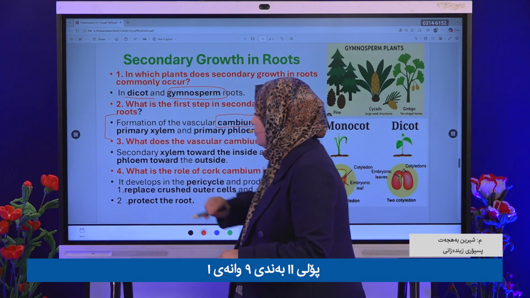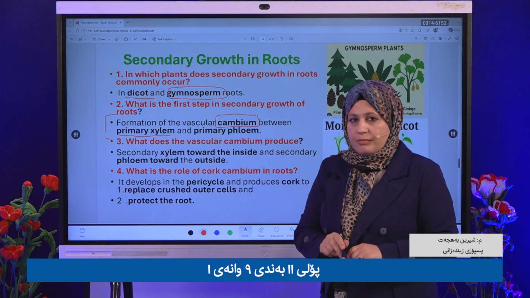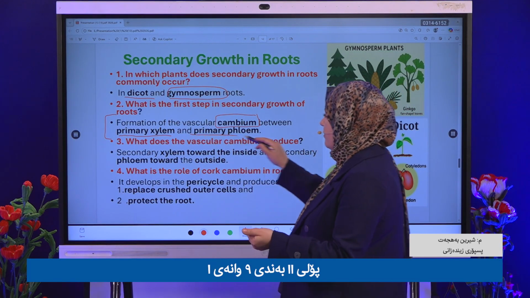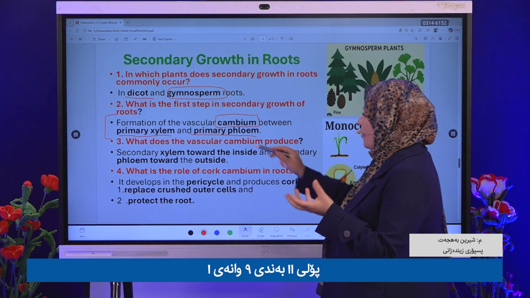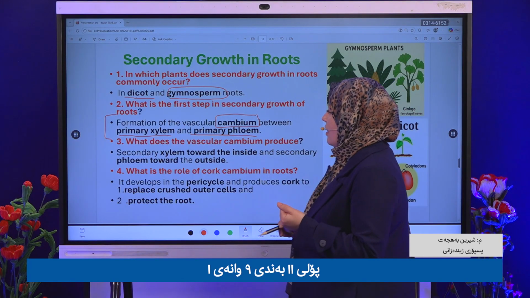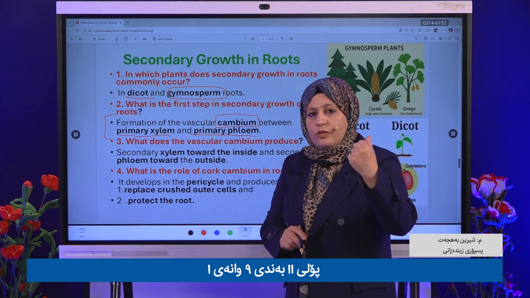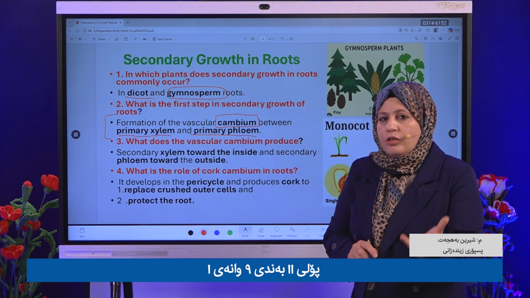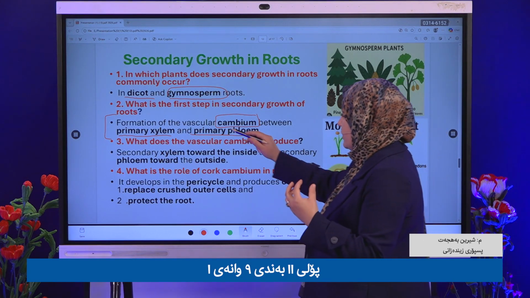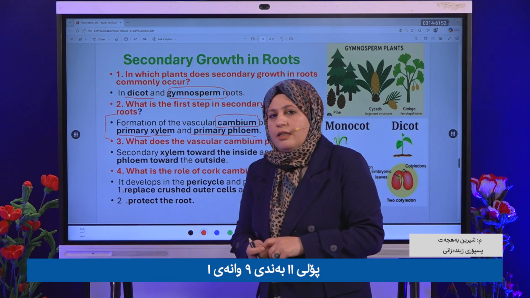This part is very important. Between primary xylem and primary phloem. So where is the cambium formed? In secondary growth. Which part starts to grow? Cambium, between primary xylem and primary phloem.